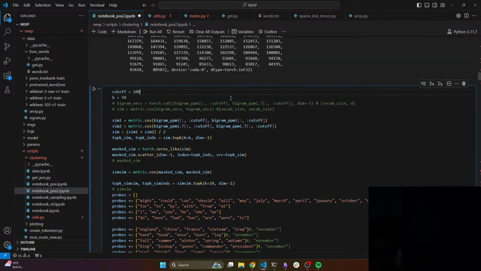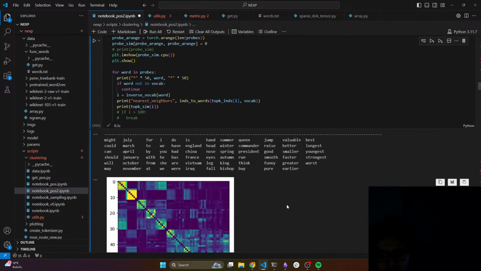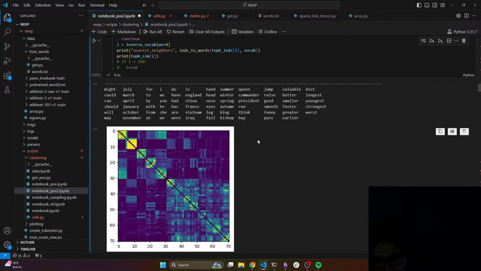If it's 1,000 and we reduce to 100, then it becomes less clear cut, except for function words.